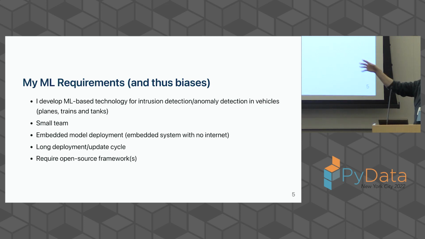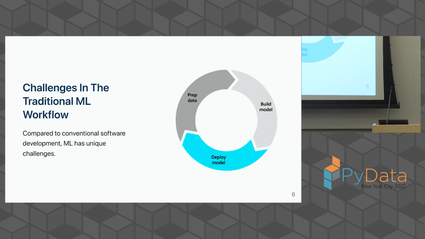It may not come back for months, so it's probably very different than what people usually do with ML models. They put it up in the cloud and they can change them really easily. So this has changed how I work with it. Also, my small team is me. I'm the only person that does ML in my company. So I am hiring too. And also, of course, open source, we all love it because I need the code.